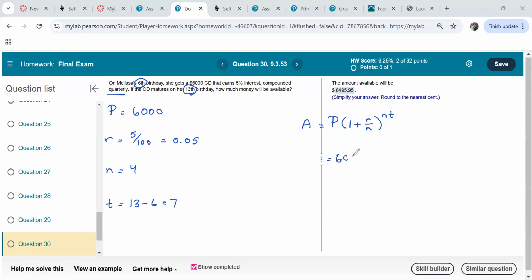So we have $6,000 times (1 plus 0.05 divided by 4), and then we have 4 times 7 as the exponent. So remember, put our parentheses in these places. And what we should end up with is $8,495.95. There's going to be some rounding involved here to get that.